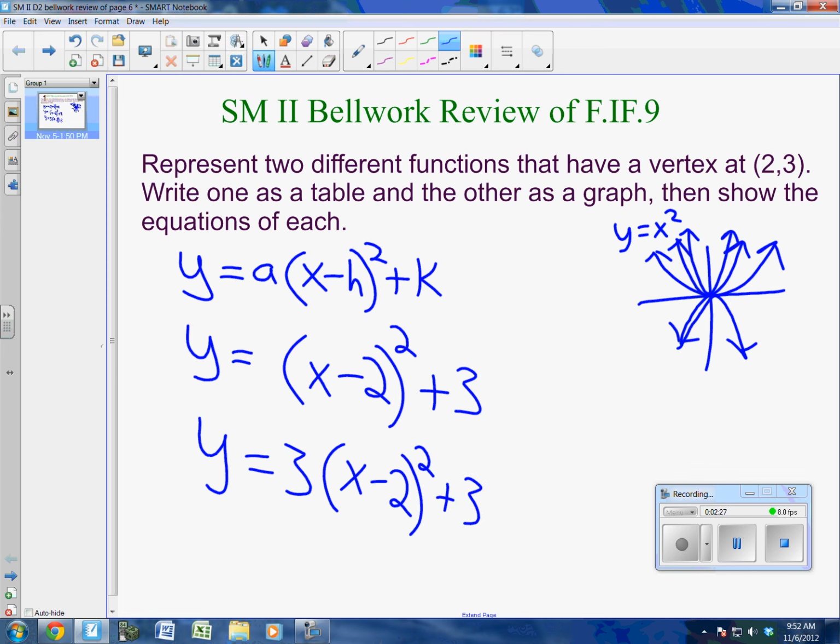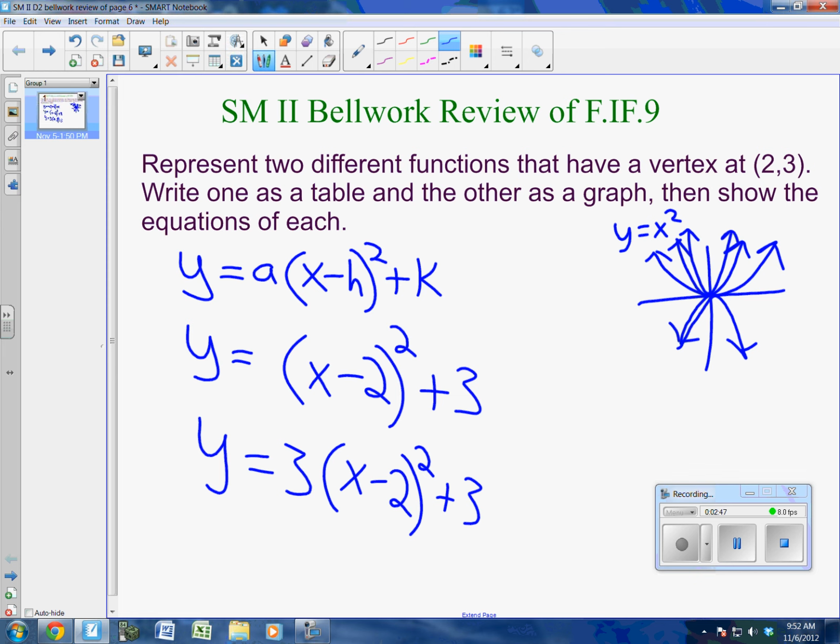There is another equation that has the same vertex as this one. They both have 2, 3 as a vertex, right? They're both parabolas, but this one's going to be skinnier than that one. Anything you want in for a, and it's going to change it to be a different function. So it says represent 2 different functions that have a vertex at 2, 3.